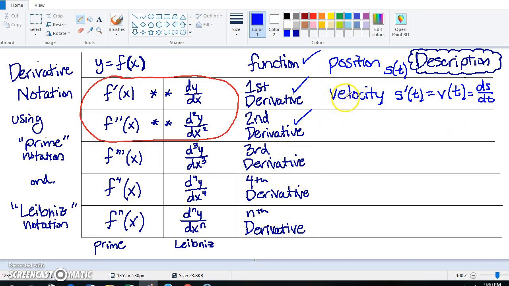All right, the derivative of velocity, we will learn eventually, is called acceleration. So acceleration is going to be the derivative of velocity, or dv dt using Leibniz notation. Okay.